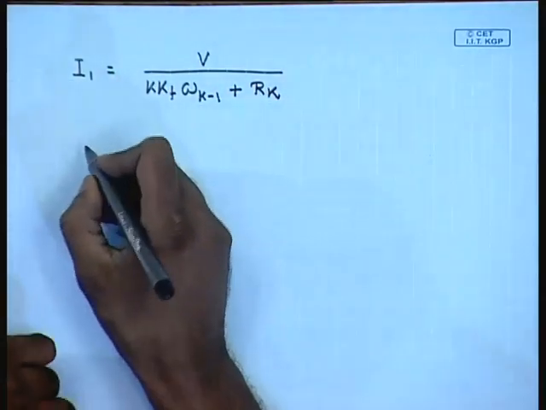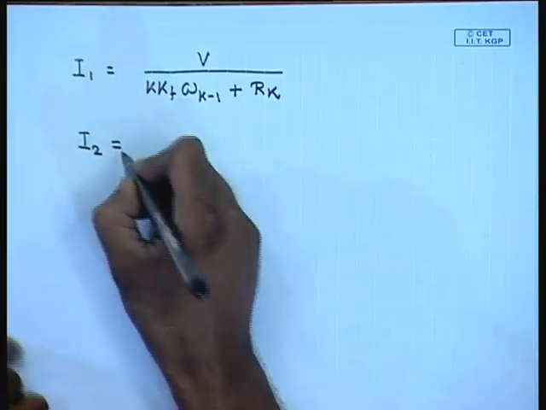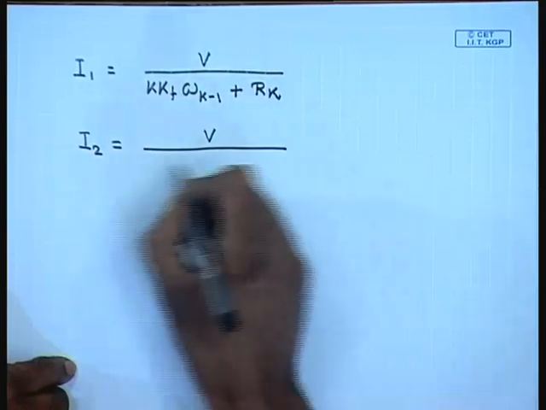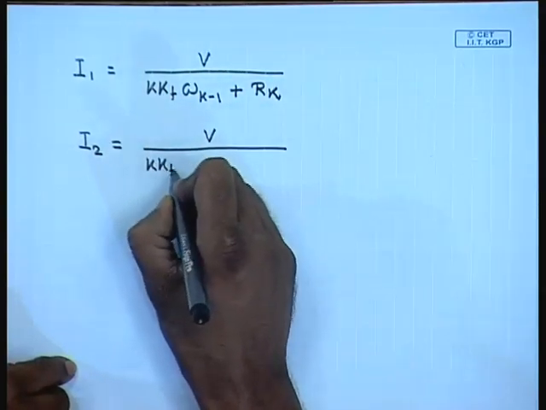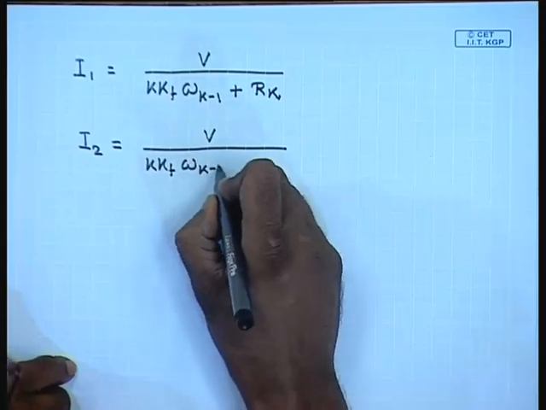In which case we can also write I2, which was the current just before the resistance was shorted, is given by V divided by Kf omega k minus 1 plus R k minus 1. It has to be same because omega cannot change instantaneously.